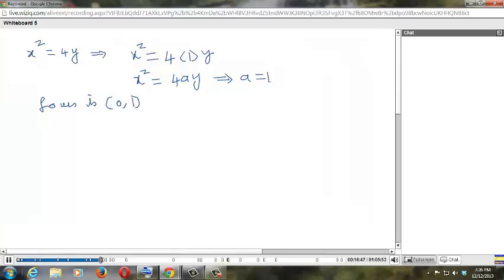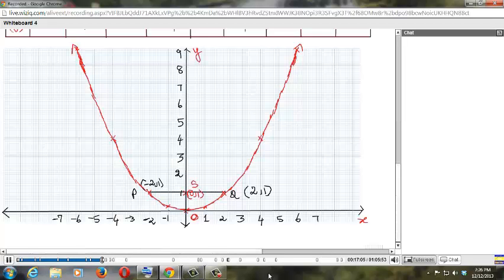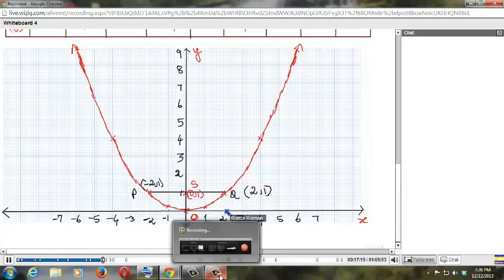So the axis of the parabola is the y-axis, whose equation is given by x is equal to 0. Then, the tangent at the vertex is nothing but the x-axis itself, and its equation is y is equal to 0.